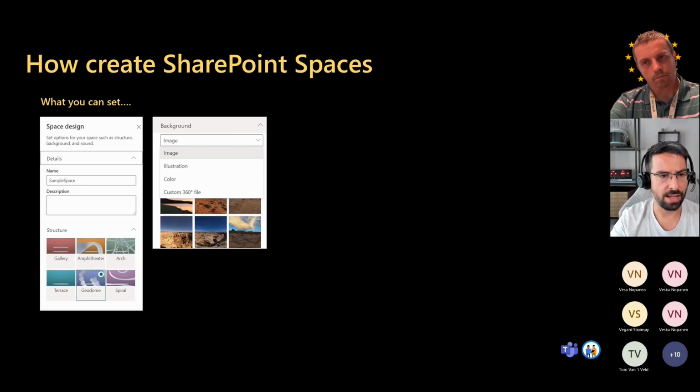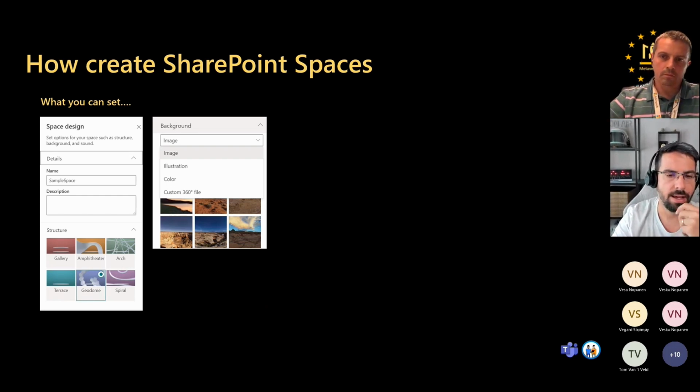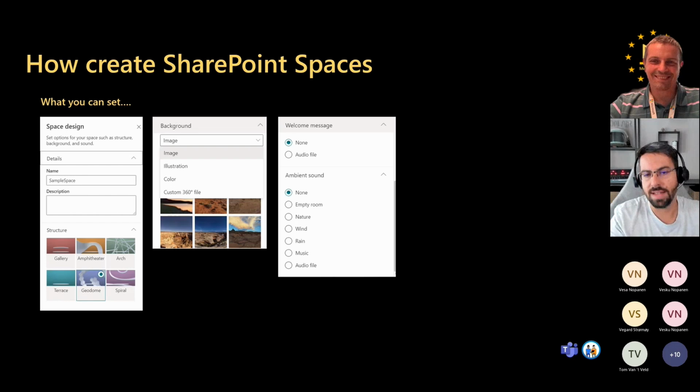You have to select the name, description, the structure, and then you are able to define some settings, like the background, if you want to use a specific image, an illustration, a plain color, or a custom 3D file. And then you are able to select the welcome message as an audio file, and if you want, select an ambient sound.